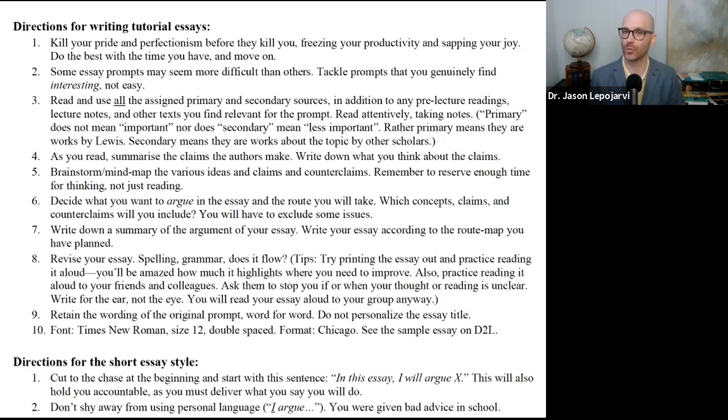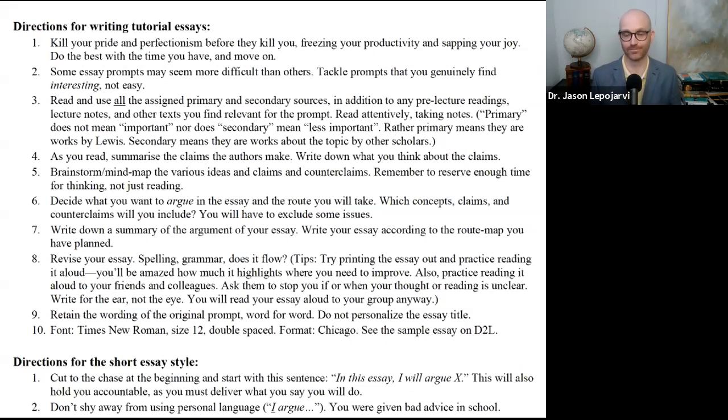3, read and use all the primary and secondary sources listed in the essay prompt, including the pre-lecture readings and whatever lecture notes you have and other texts you find important. The distinction between primary and secondary sources does not mean important and less important sources.